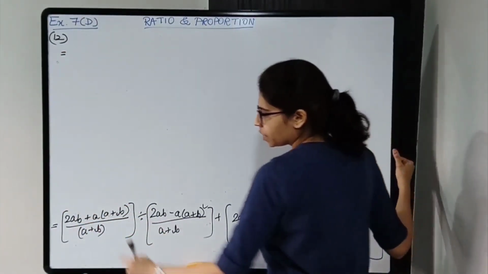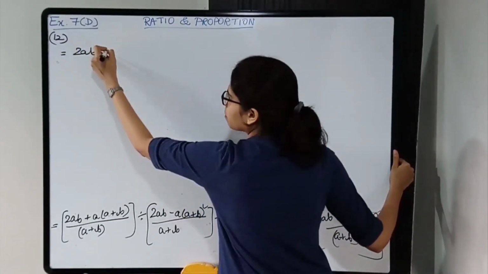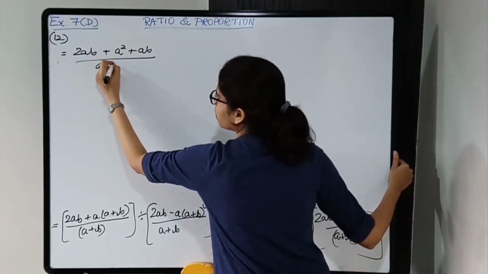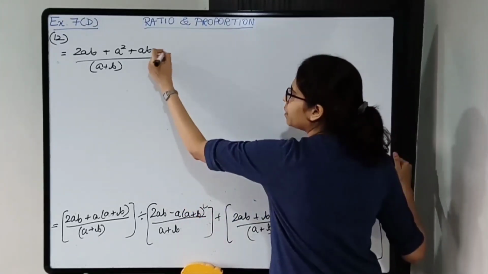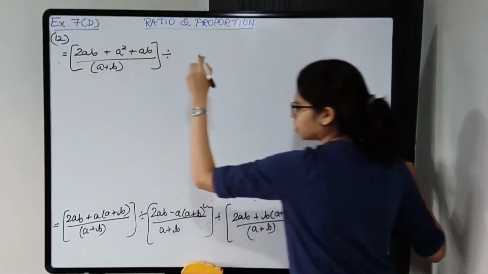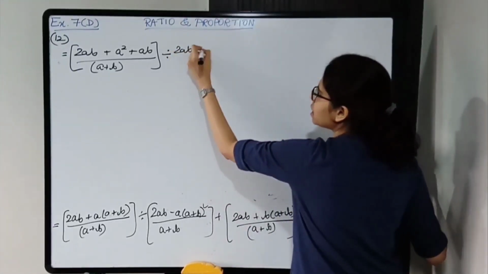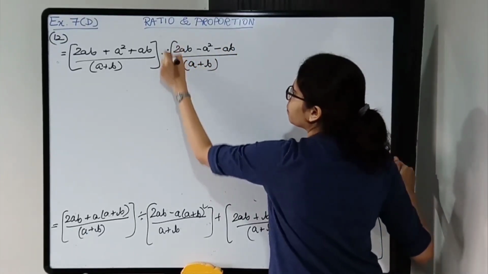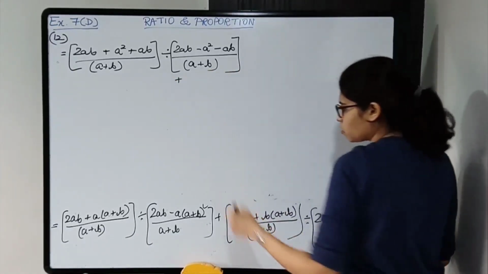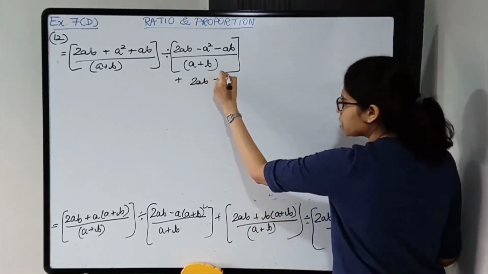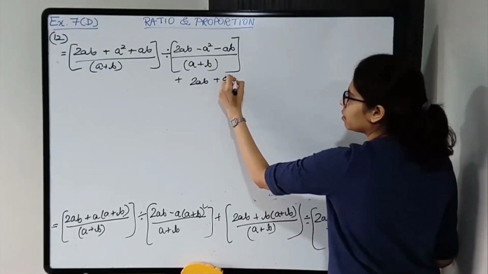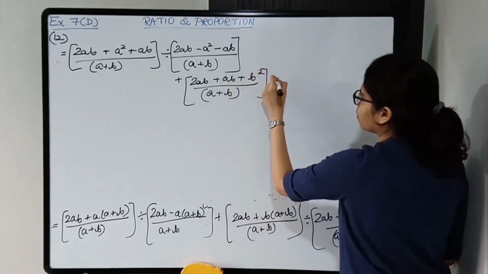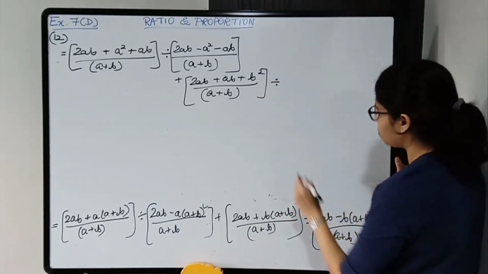So what are we getting now? 2ab plus a into a gives a square plus a into b, ab upon a plus b, divided by 2ab minus a square minus ab upon a plus b, plus we have 2ab plus a into b, ab plus b into b, b square upon a plus b, divided by 2ab minus ab minus b square.